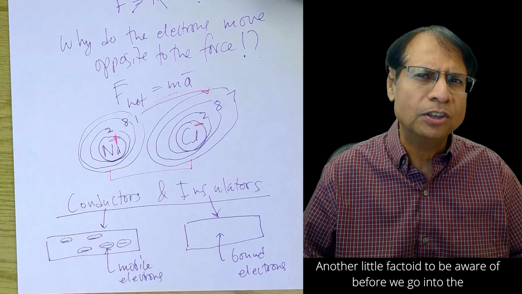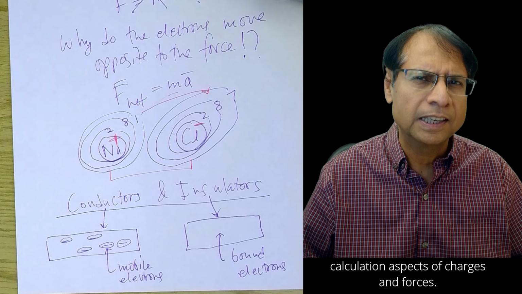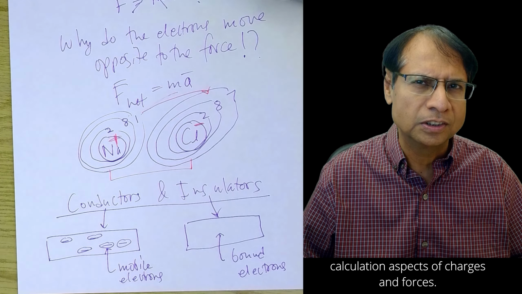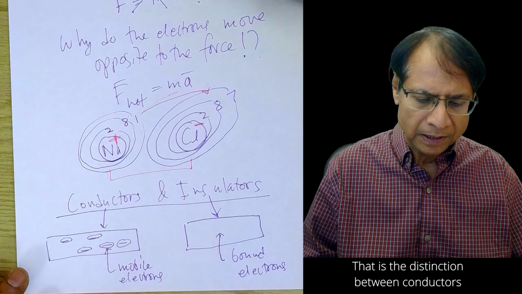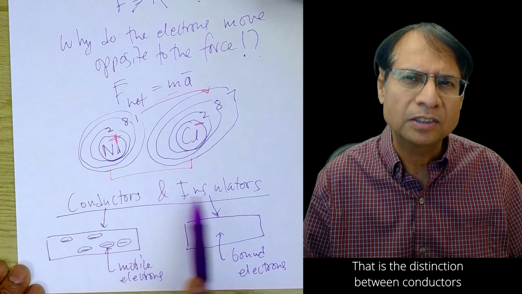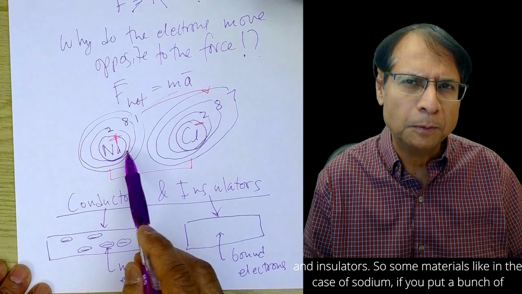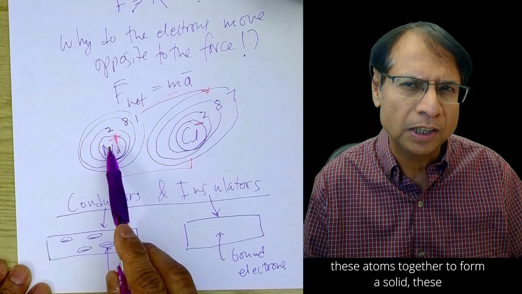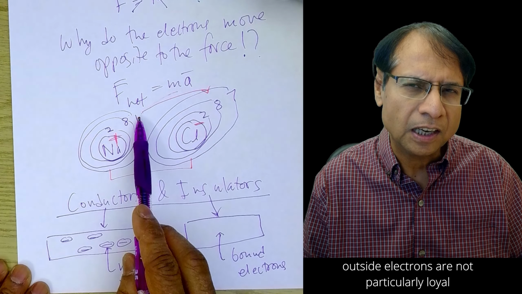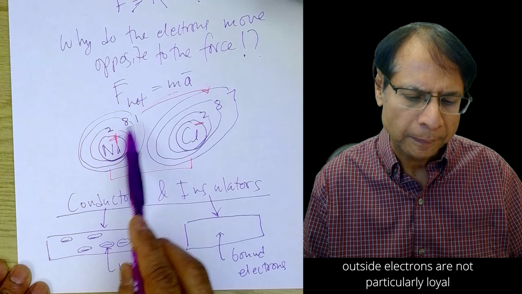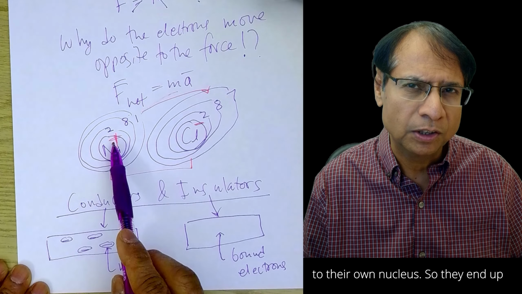Another little factoid to be aware of before we go into the calculation aspects of charges and forces is the distinction between conductors and insulators. In some materials, like sodium, if you put a bunch of these atoms together to form a solid, these outside electrons are not particularly loyal to their own nucleus.